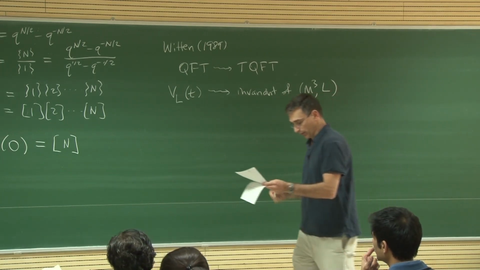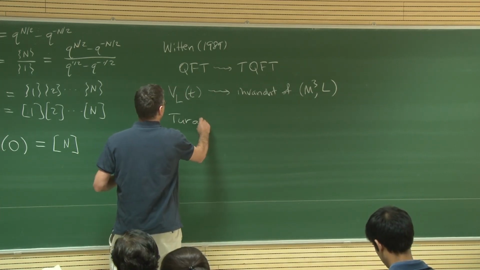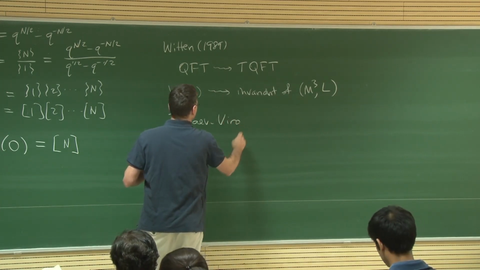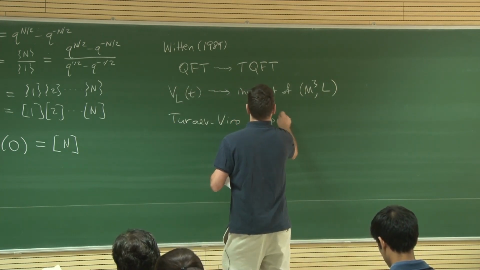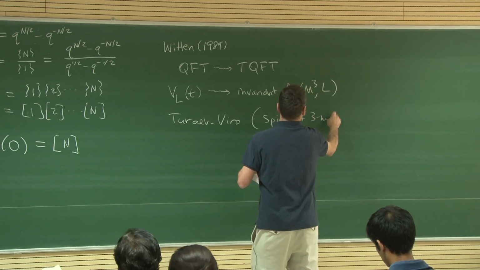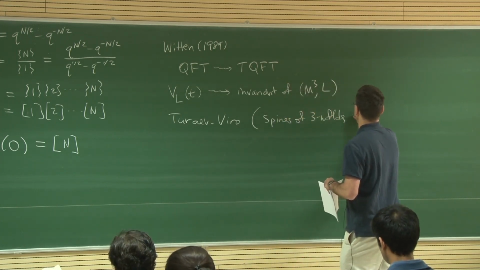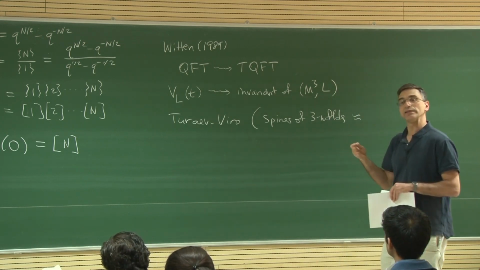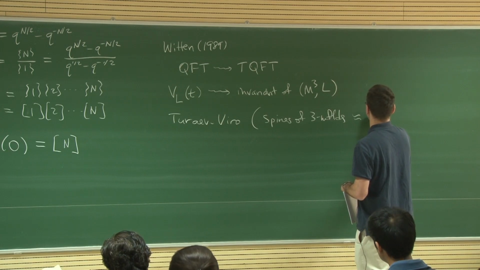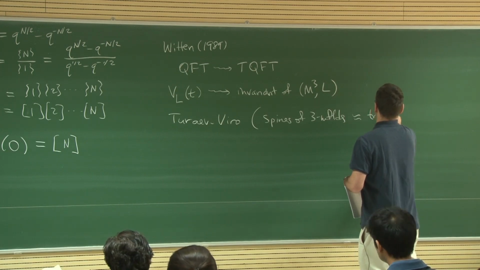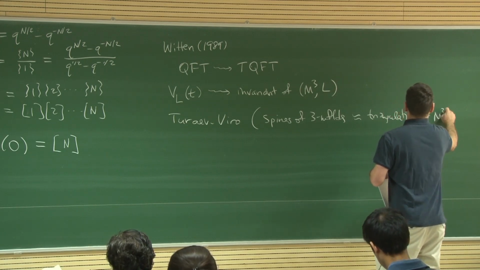So there was work by Turaev and Viro. And this uses spines of 3-manifolds. And you can think of spines as giving you the same kinds of information as a polyhedral decomposition, so let's say a triangulation.